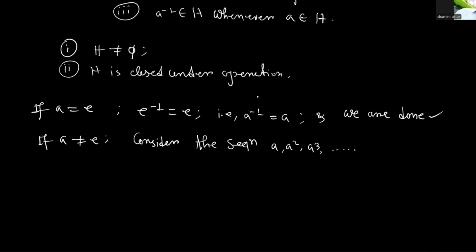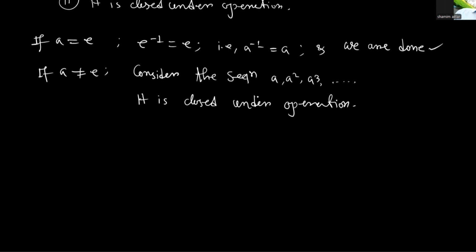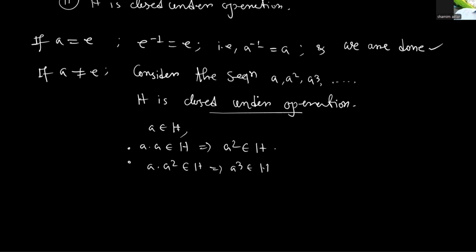Also, given H is closed under the operation, a belongs to H. So a dot a also belongs to H because H is closed under operation, that is a square belongs to H. Similarly, a dot a square also belongs to H, because a belongs to H and a square belongs to H, by the closedness of H it also belongs to H, that is a cube belongs to H, and so on.